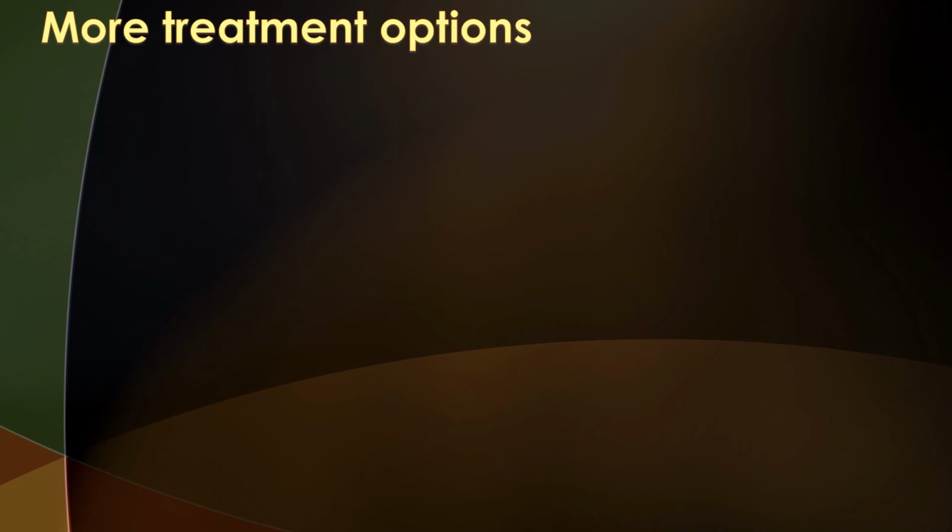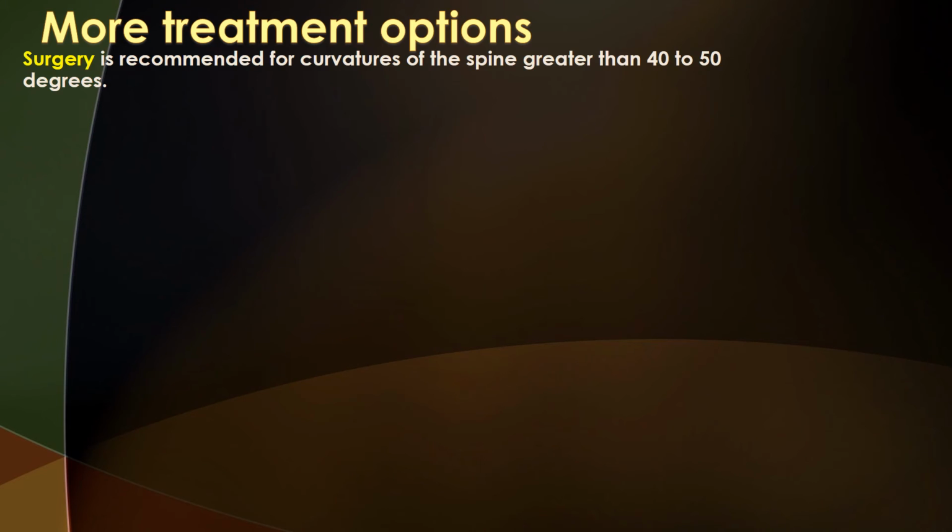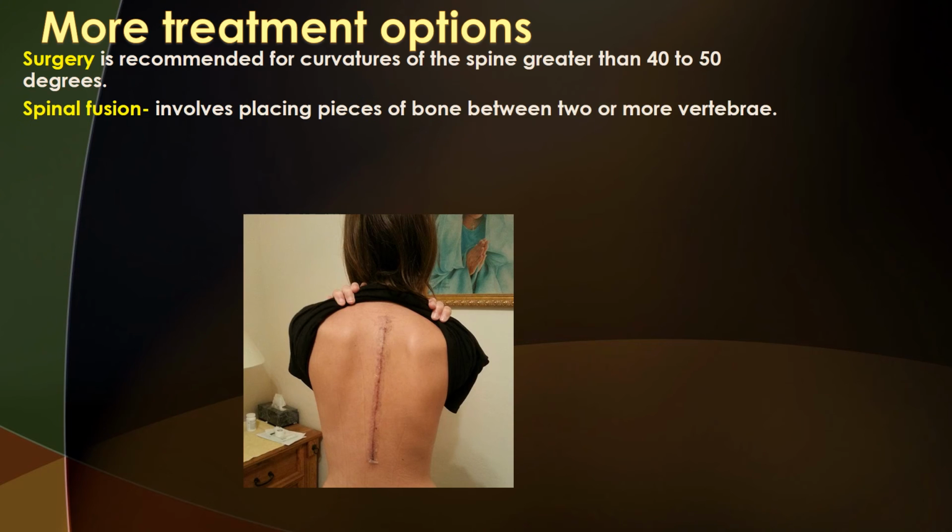Also, there are more treatment options such as surgery. Surgery is recommended for curvatures of the spine greater than 40 to 50 degrees. I also want to add that surgery does not completely straighten the spine. Spinal fusion involves placing pieces of bones between two or more vertebrae.